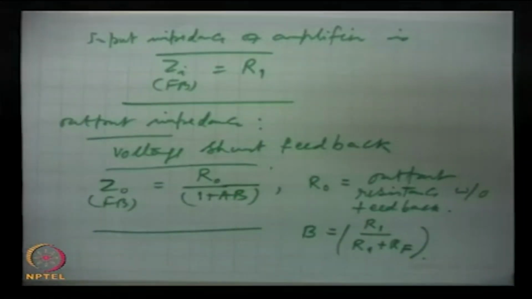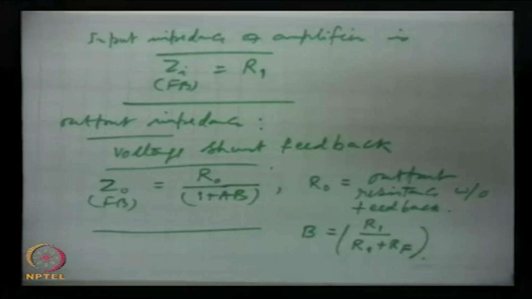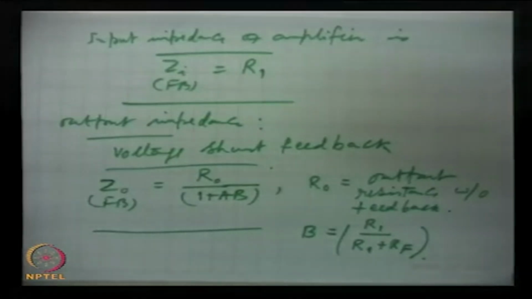So, this is about the output impedance. Now, we have done non-inverting amplifier, we have done inverting amplifier, and we have evaluated the basic parameters of the amplifier, and the next is the differential amplifier.